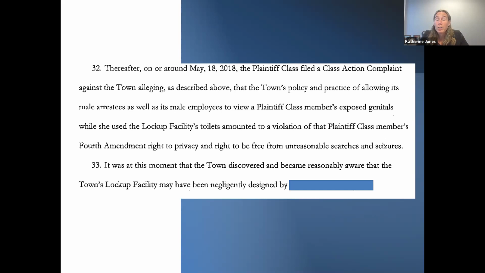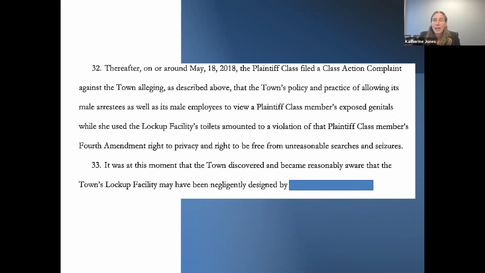But before that, before you're arraigned, you still have a right, like a private citizen, to some level of privacy. And therefore, you have the right to use the toilet without somebody looking at you. And so I find this case so fascinating because essentially what they're saying is that the standard of care was that the architect had to understand that under the Fourth Amendment, there was a right to privacy for any person that was arrested and held in that municipal lockup facility until they were arraigned.